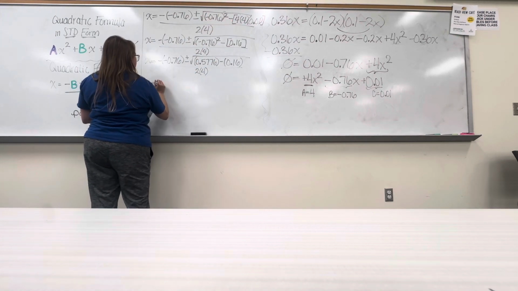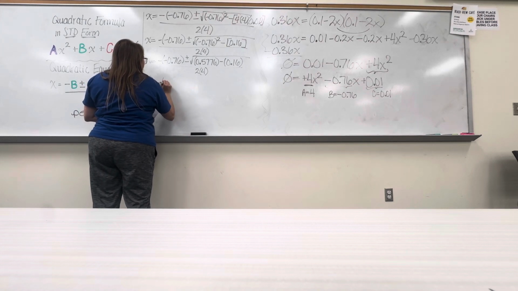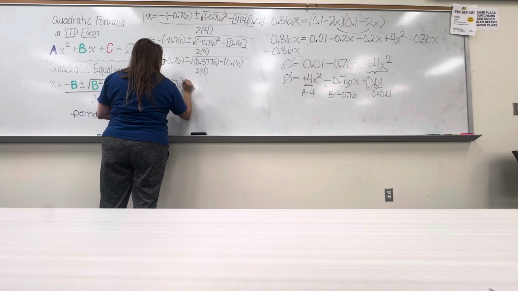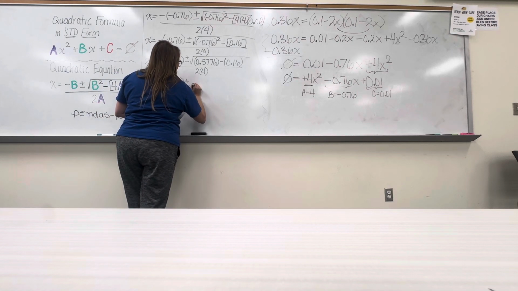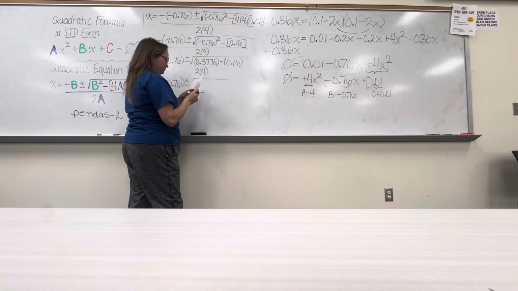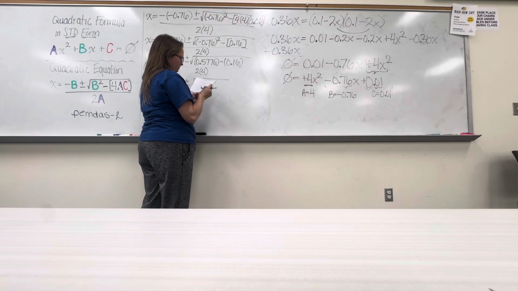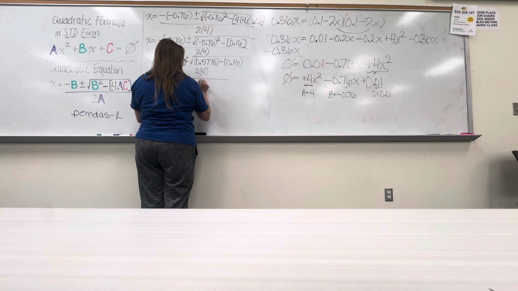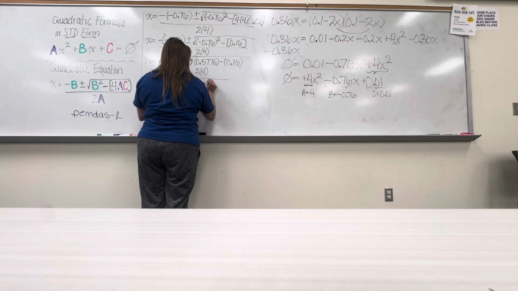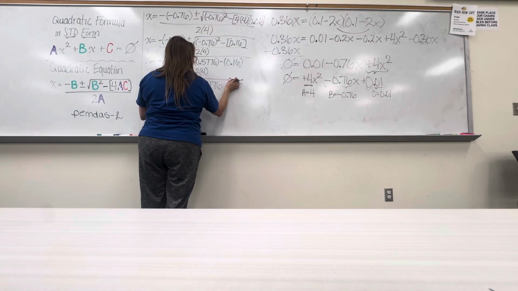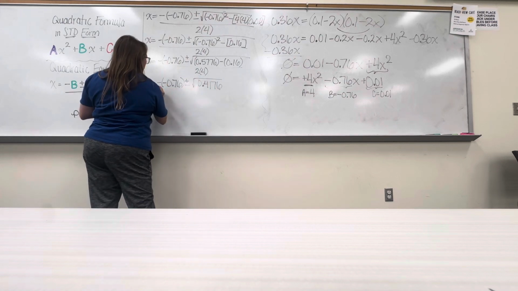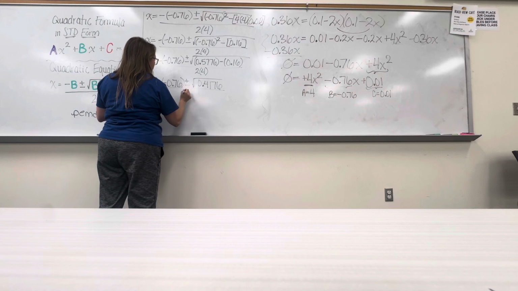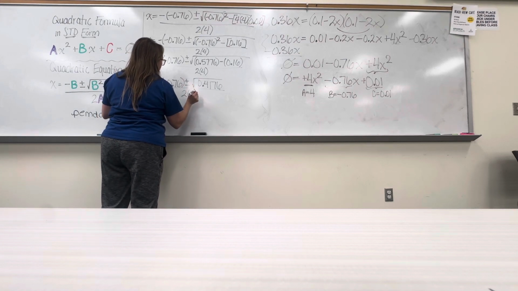Okay, so negative 0.76 plus or minus. What's under that radical would be 0.4176 all over, again, 2 times 4, each and every little step.